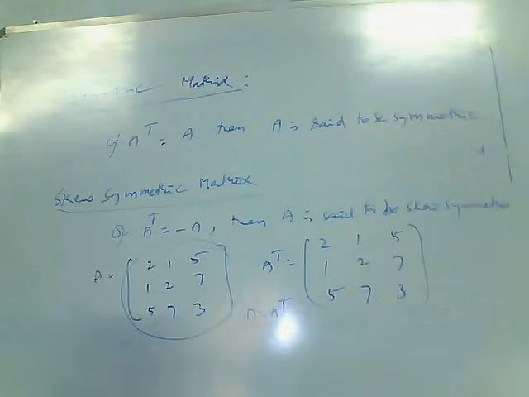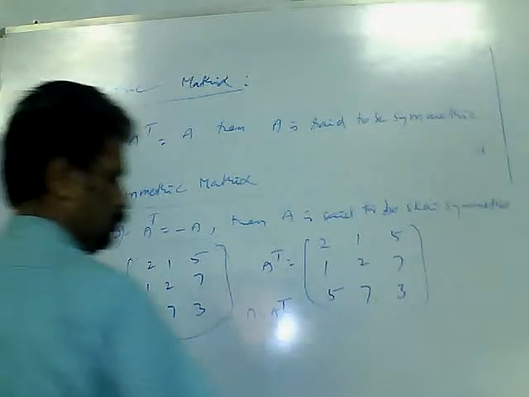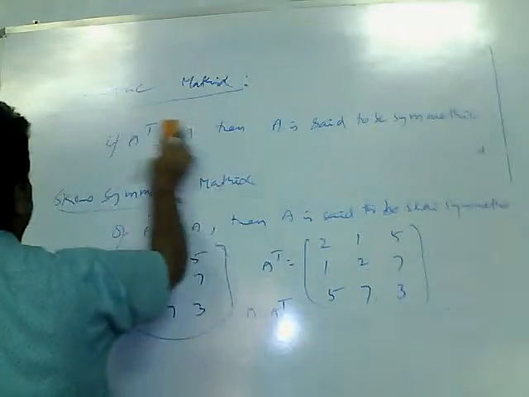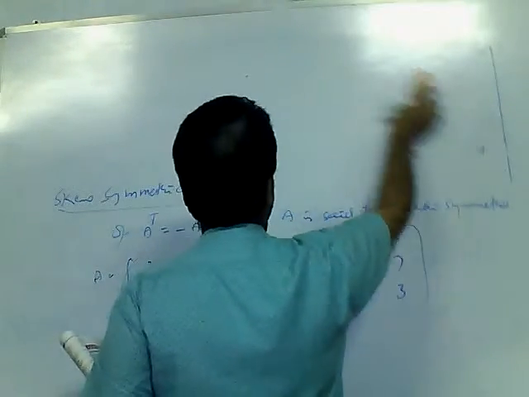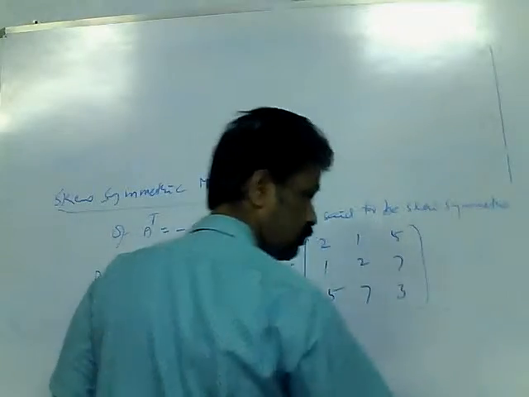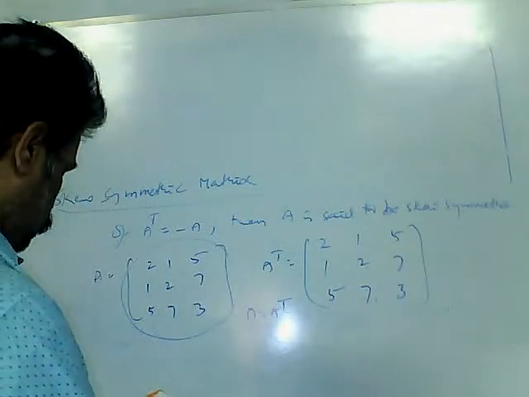Right? Now what about skew symmetric? A transpose is equal to minus A, that's the second case. So we'll see an example here. I take an example.